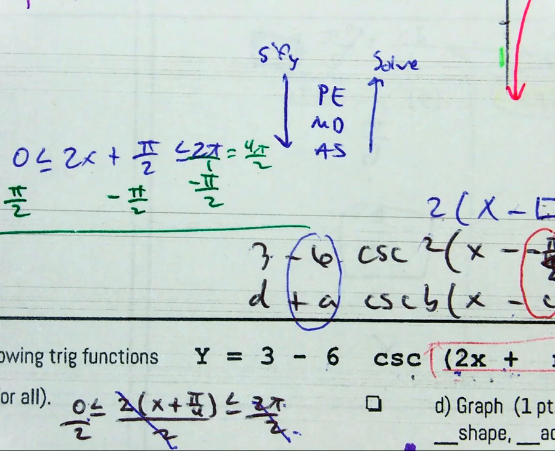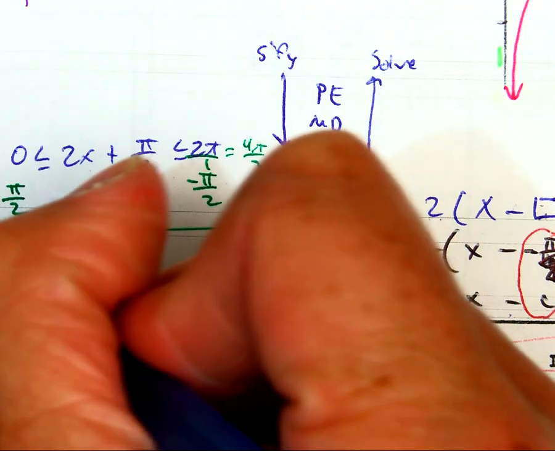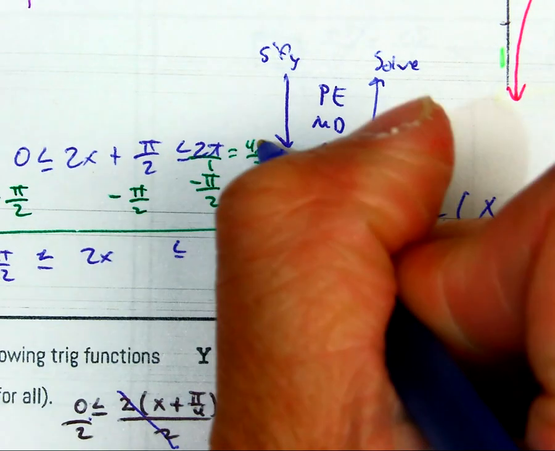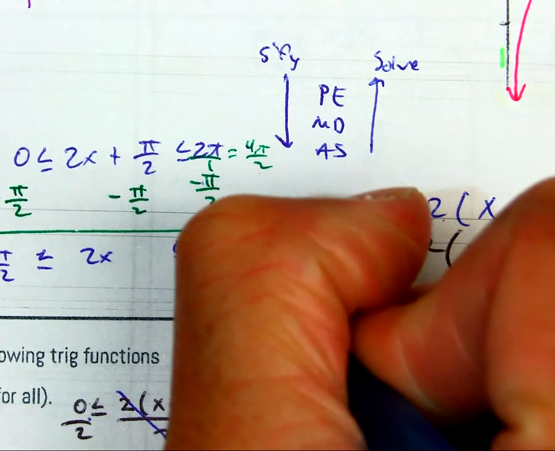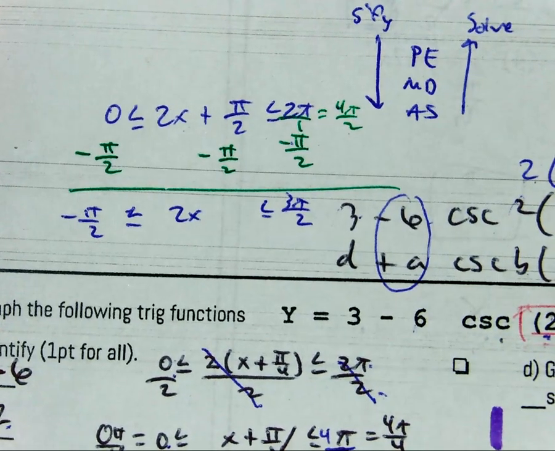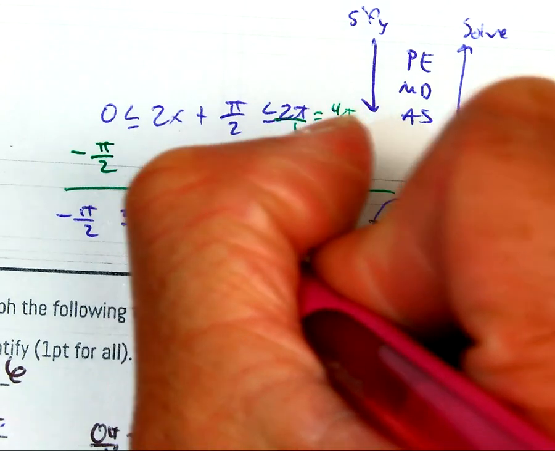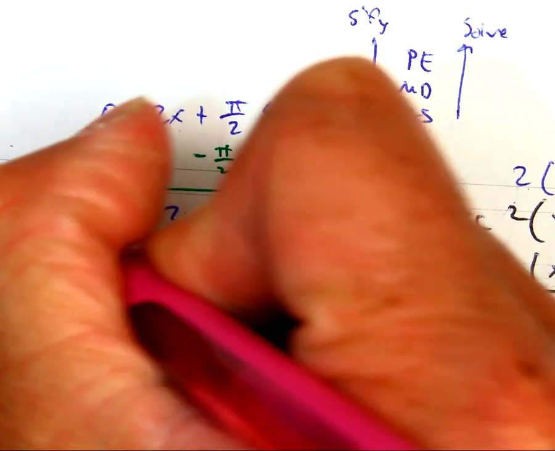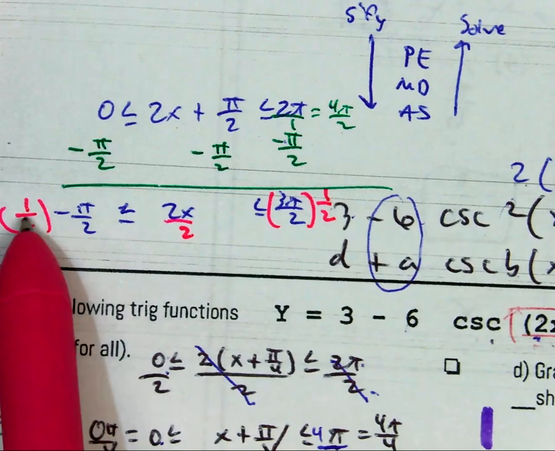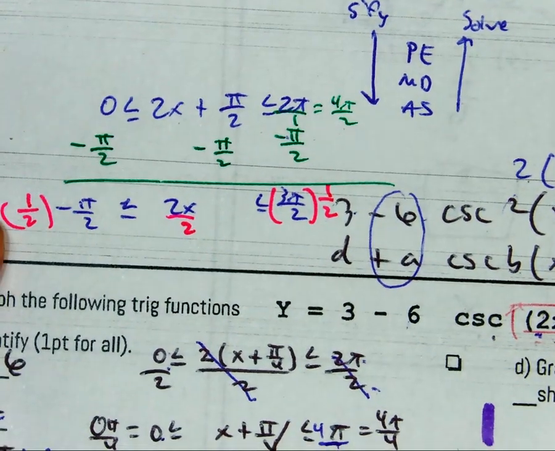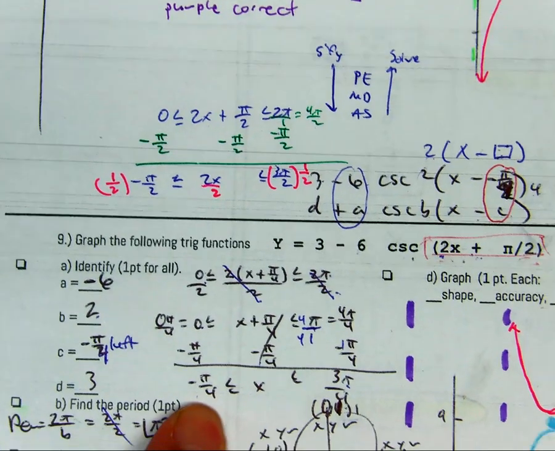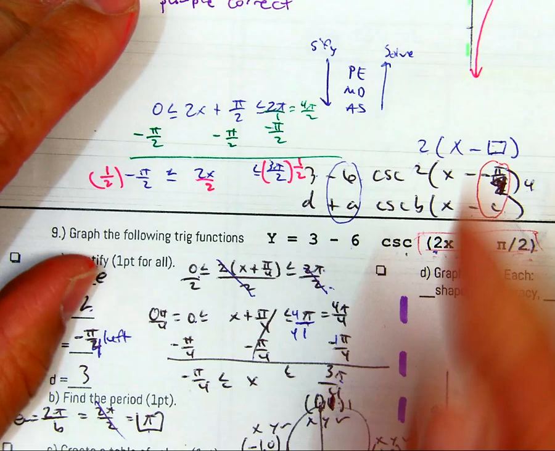And you would get negative pi over 2, 2x, and then 4 minus 1 gives you 3 pi over 2. And then over here, I could divide it by 2. Remember, dividing by 2 is the same thing as multiplying by 1/2. So essentially, you'll get negative pi over 4, which we got below. And over here, this would become 3 pi over 4.